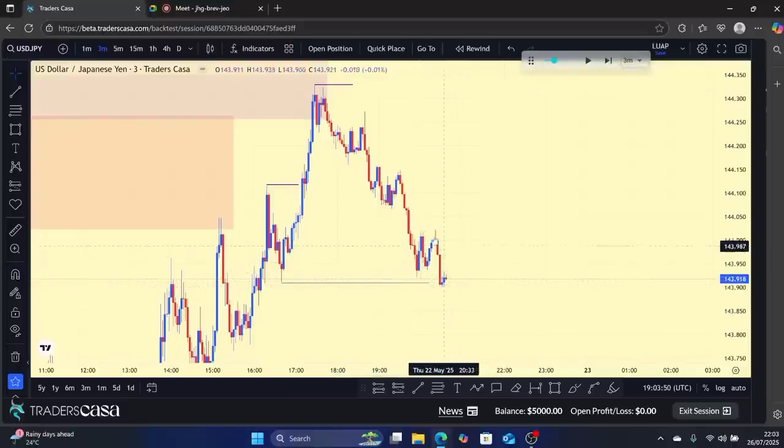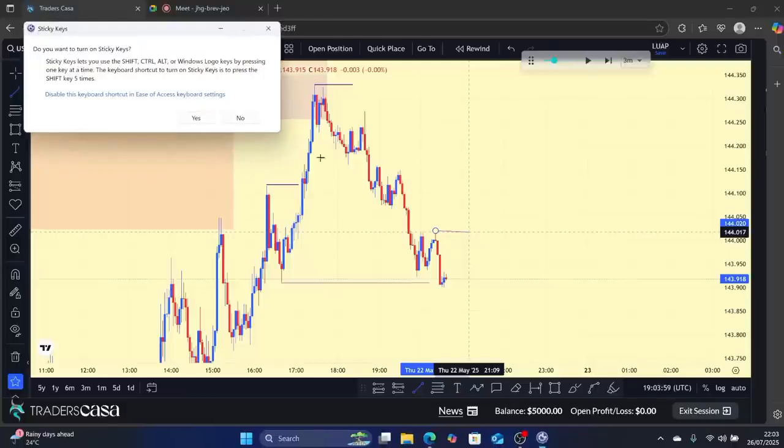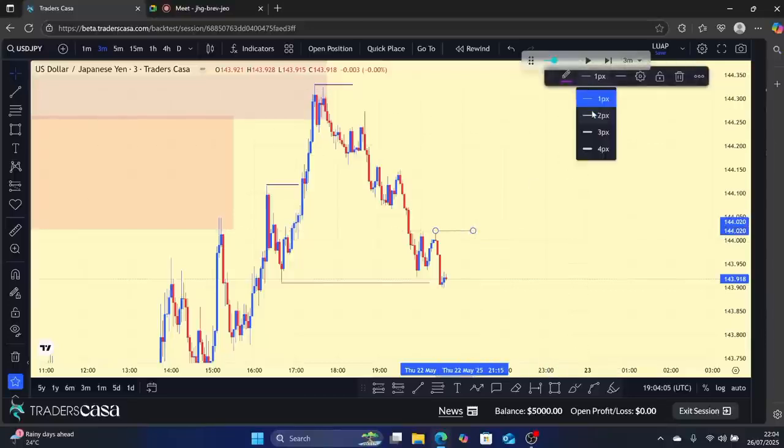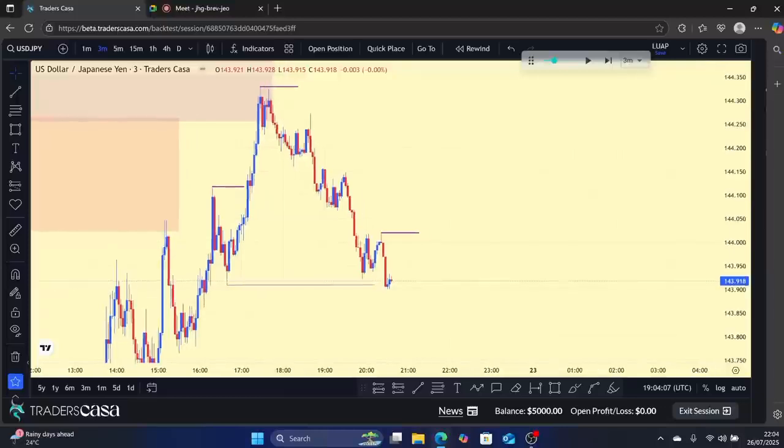So this means that this here is our minor inducement. Exactly right here, that's our minor inducement. And before our inducement is taken out, we cannot do anything. So let's see.